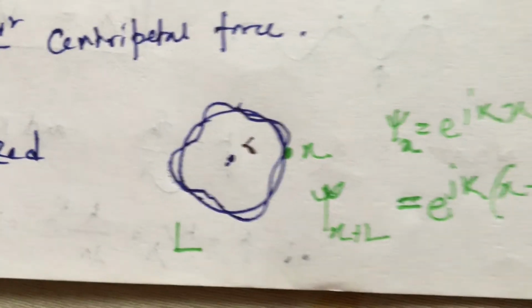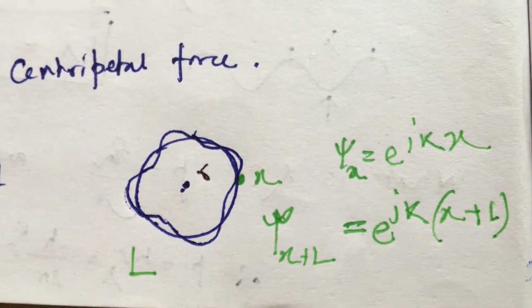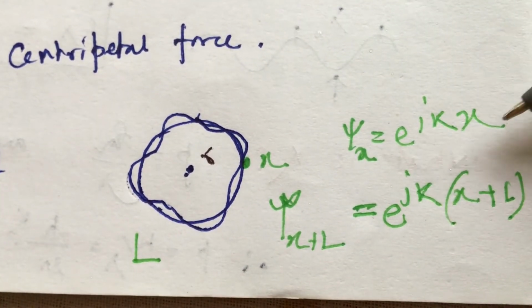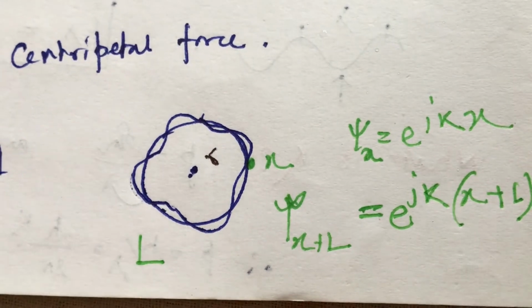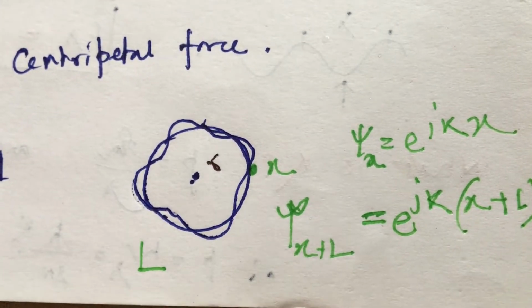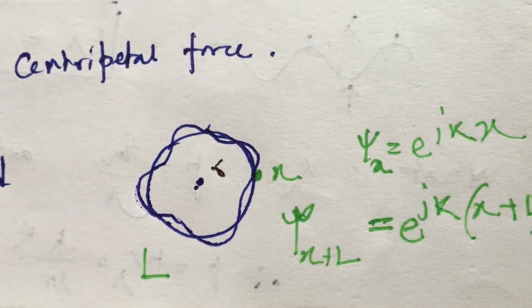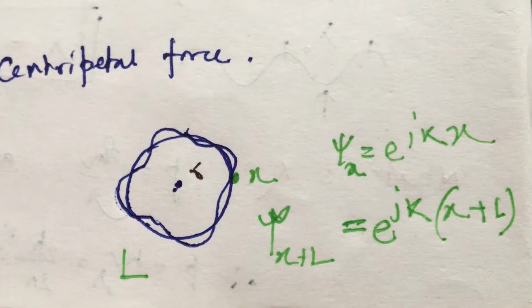For the wave, we can write this wave function psi(x) equal to e to the power i kx. There is no need of an omega t term, no need of a time term, because this is a standing wave, this is not going anywhere, this is not a progressive wave.